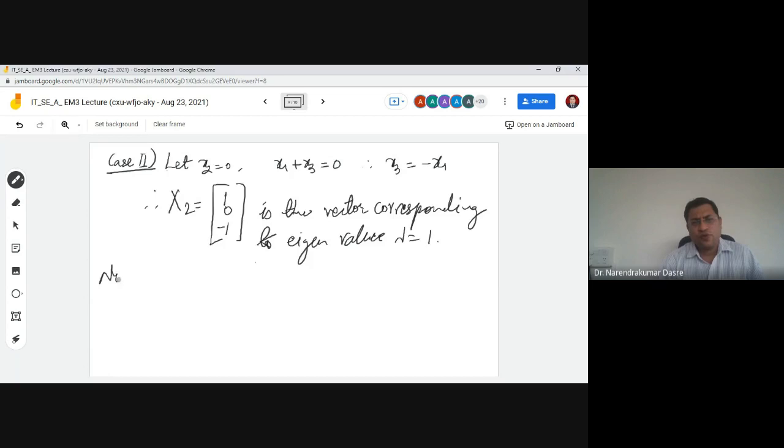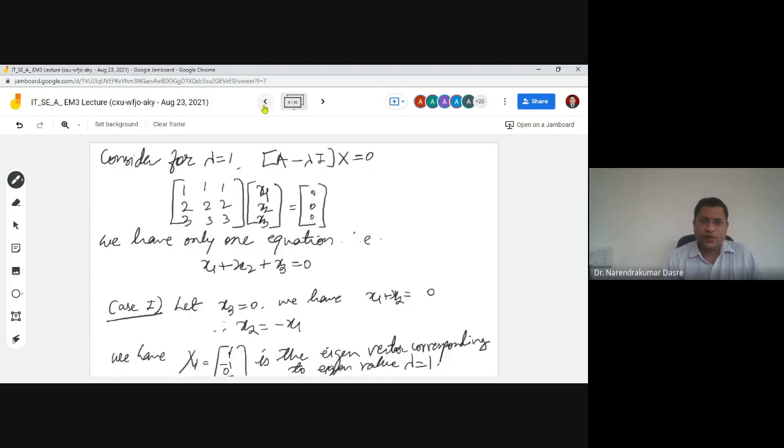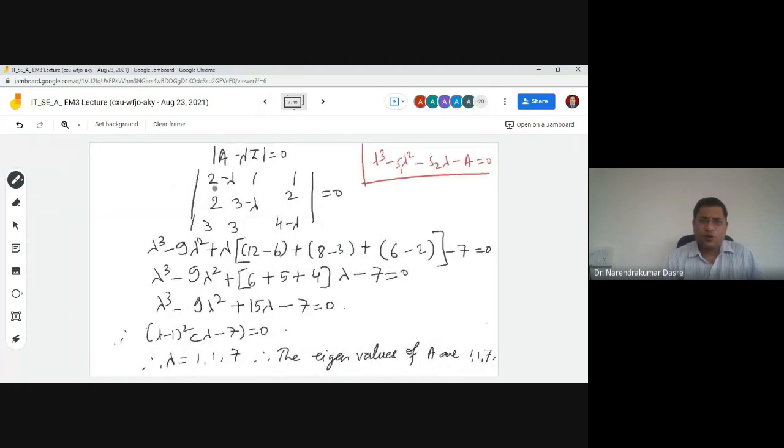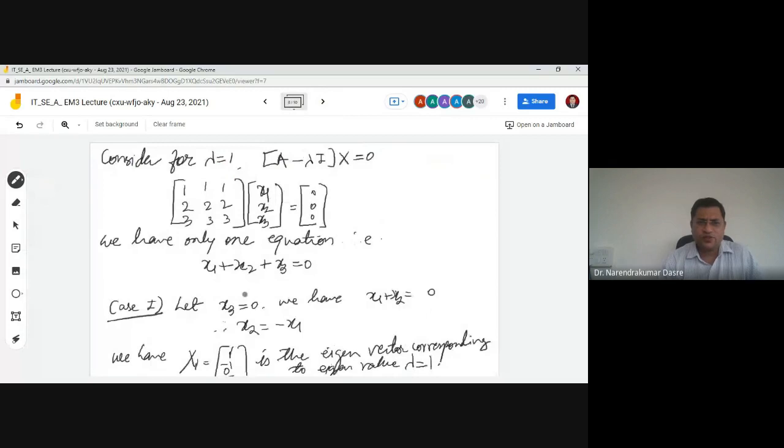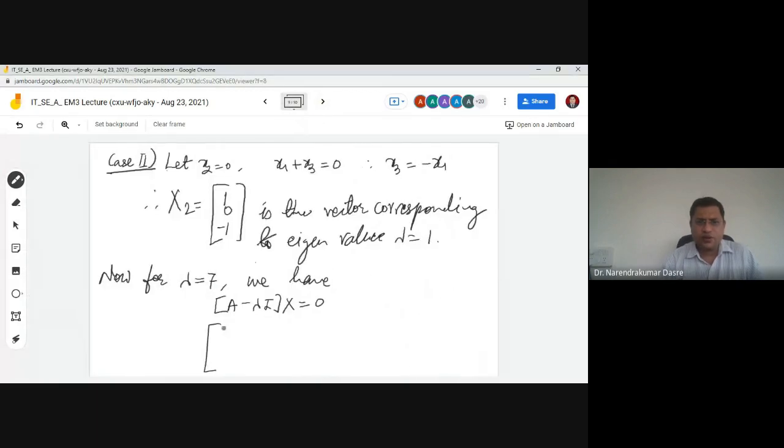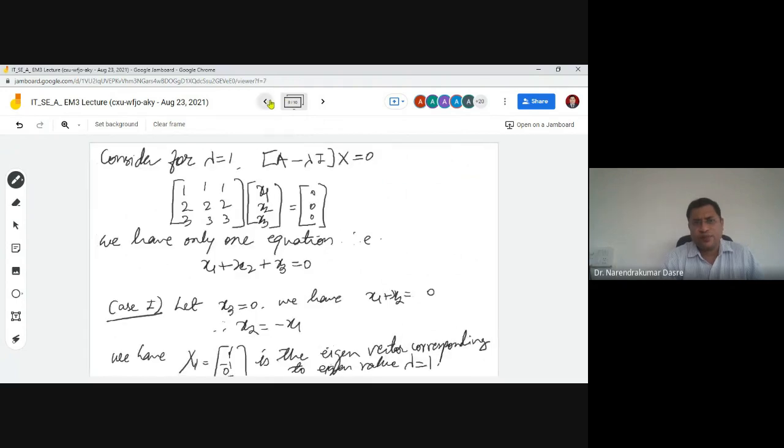Now consider lambda equal to 7. We have (A minus lambda I) x equal to 0, where lambda is now 7. So what is the matrix we have? We have 2 minus 7, which is minus 5, then 1, 1.